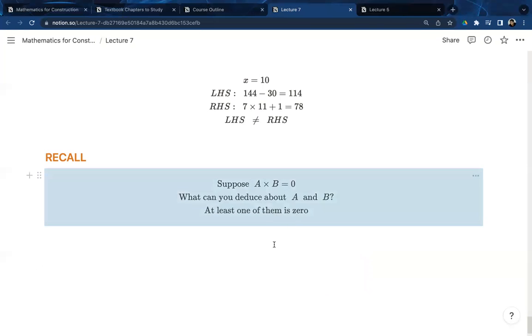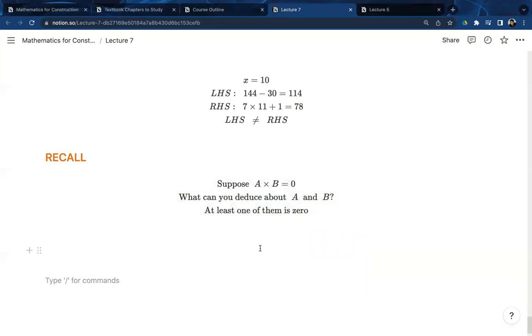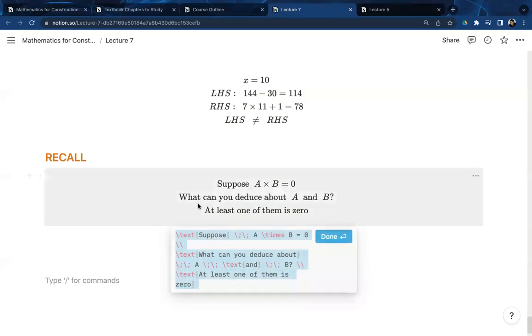Okay, that's the answer. At least one of them is 0. At least being the most important thing, right? Because both of them could be 0. So, okay.